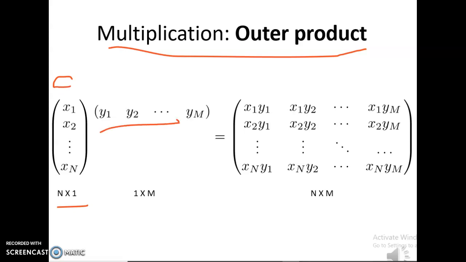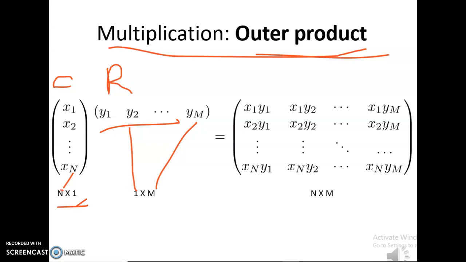This is a row matrix, with one row and up to m elements. First the column will come, then the row. After multiplication, this is the outer product.